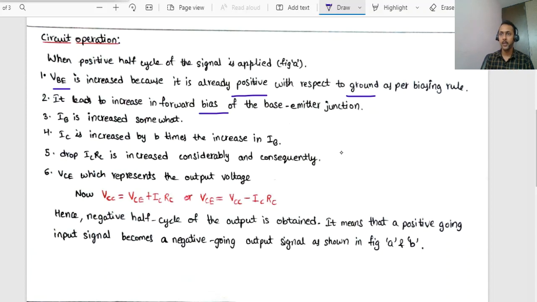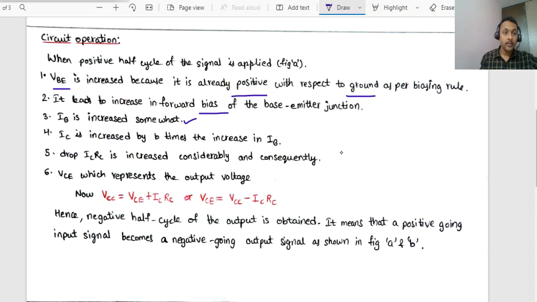Very important: if you increase the VBE voltage, the forward bias voltage of the base emitter junction also increases, and because of that the IB current, the current flowing through the base, also increases.